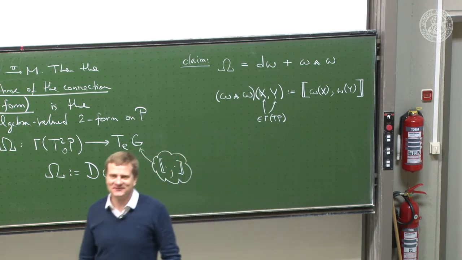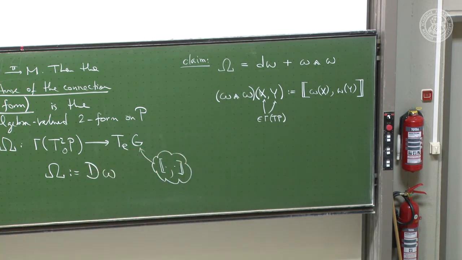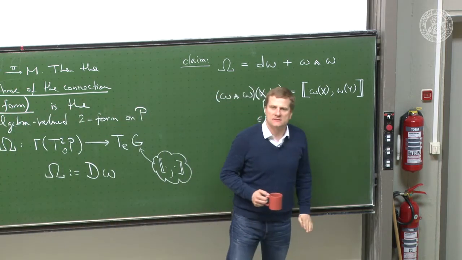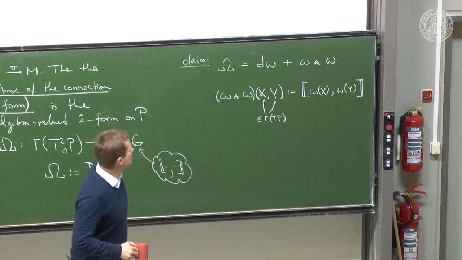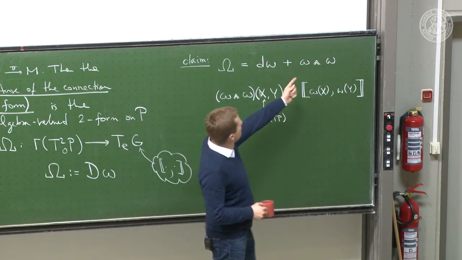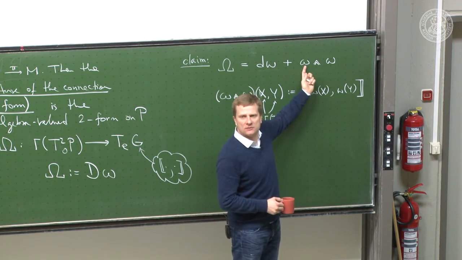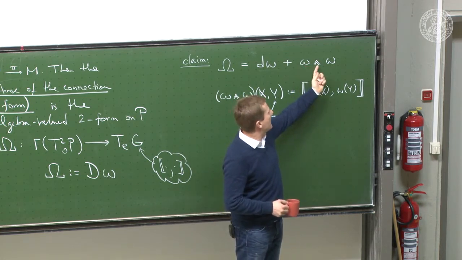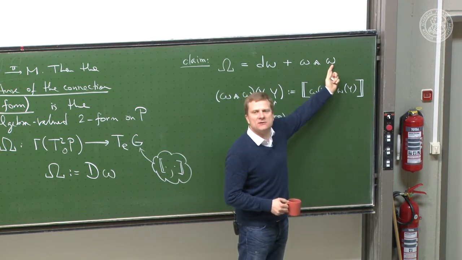Okay? That's it. Okay, but again, in the literature, very often there is just a wedge, and that easily leads to confusion, okay? Because the wedge doesn't easily extend to any flower space. And if the flower space, as in this case, is the Lie algebra, then we define it like this. We later have opportunity to define the wedge between a Lie algebra valued one form, two form, and so on, and a vector space valued form.